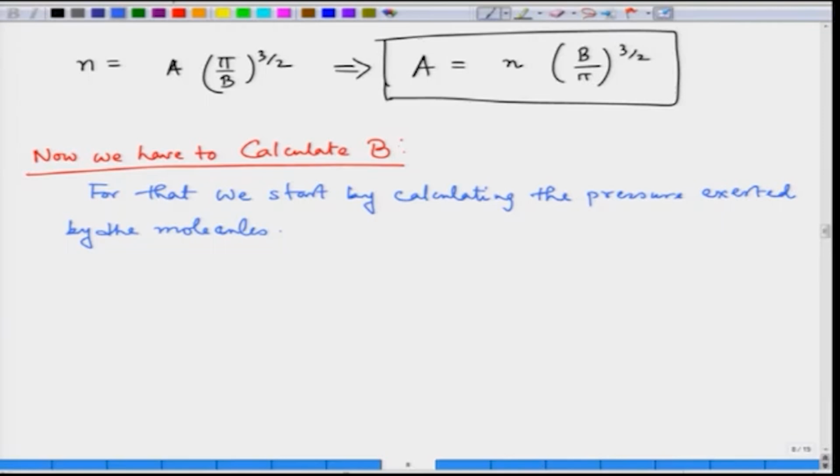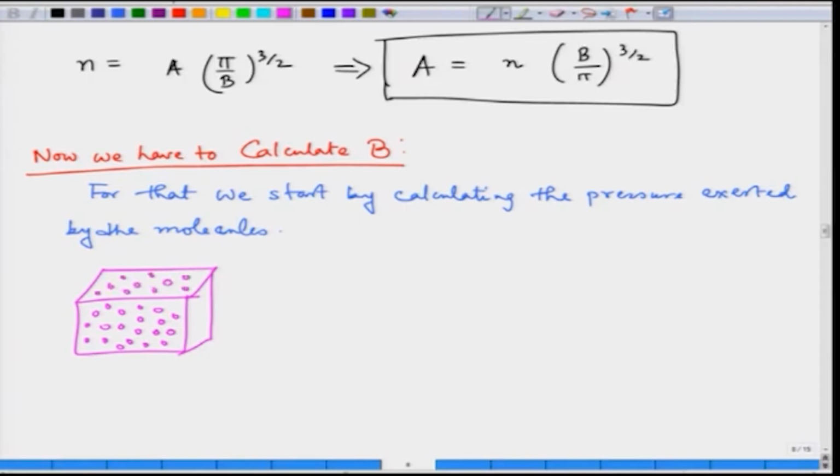Now, let us take a cubic box, and in this box we consider the particles moving in every possible direction. Sometimes they are colliding with each other, sometimes they are just moving freely.